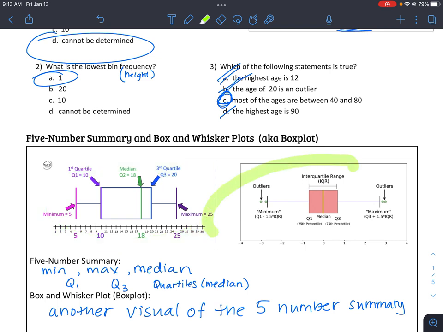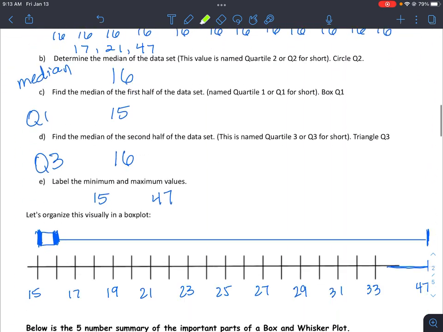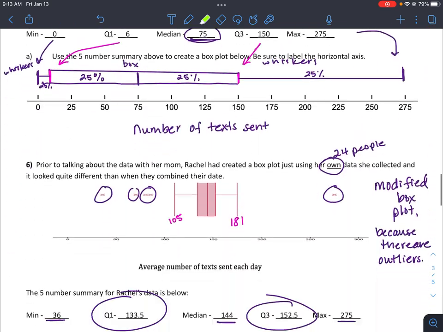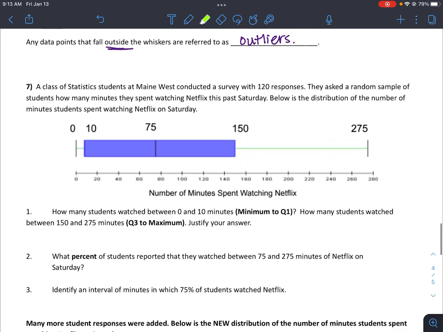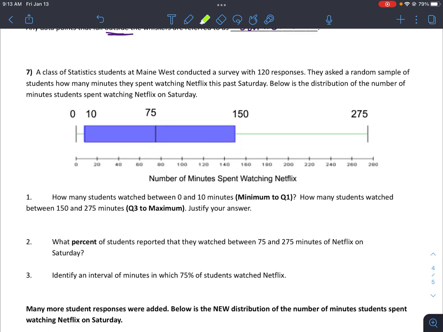When you look at the right one, when they do the IQR and they have outliers here, this is referred to as a modified box and whisker plot. These pieces of information were not the same data, but just so you see one versus the other, how they look. When you see outliers, it's for sure called a modified box and whisker plot. If you don't see outliers and they don't tell you, you don't necessarily know if outliers were calculated or not.